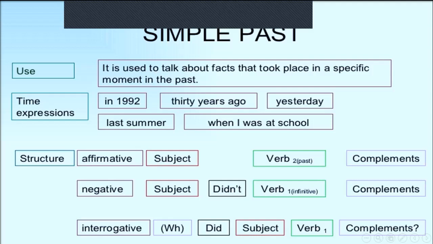Ago here is a time expression or keyword also. Yesterday, last summer, when I was at school. Also now we will know how to make affirmative sentences, negative sentences, and also yes/no questions and WH questions.